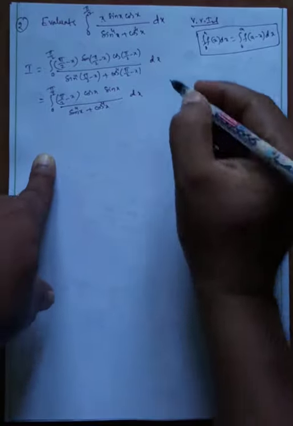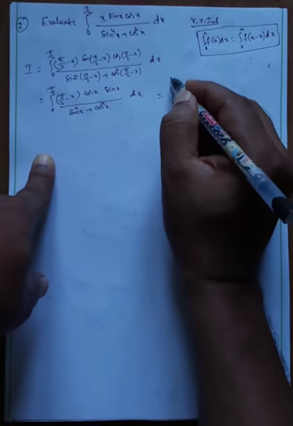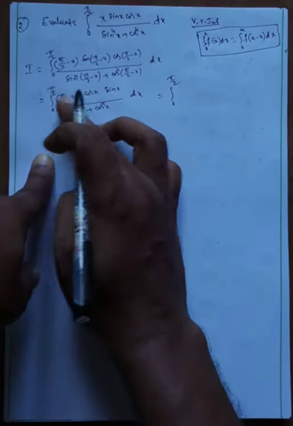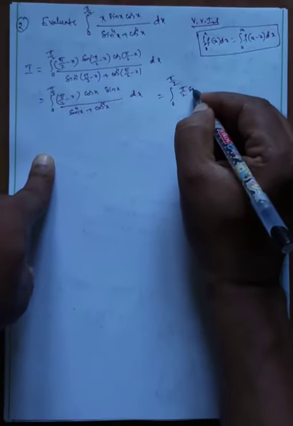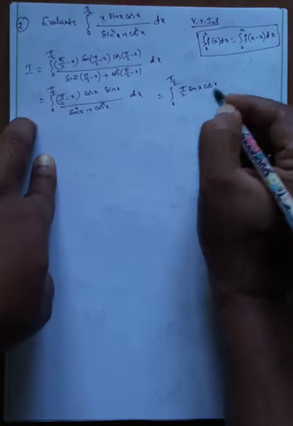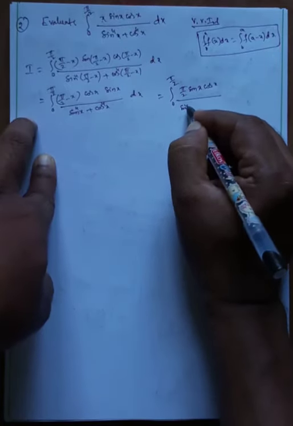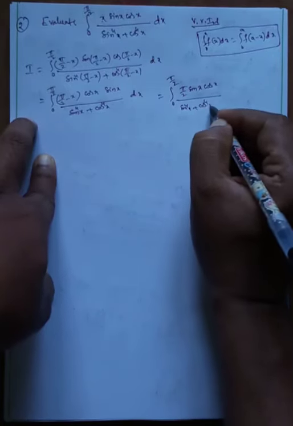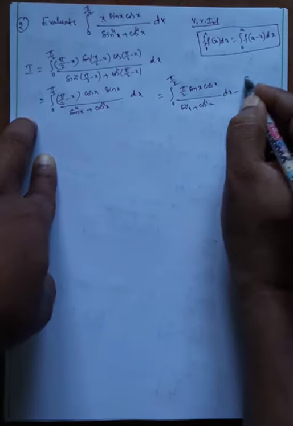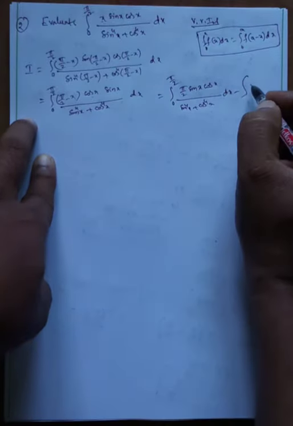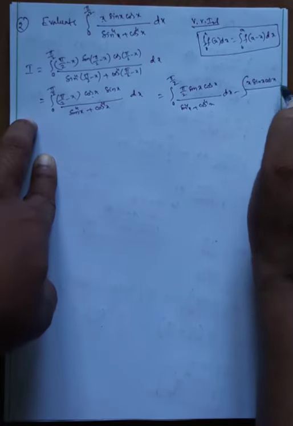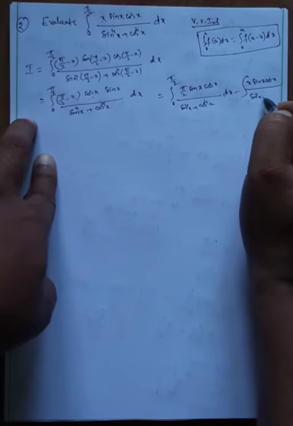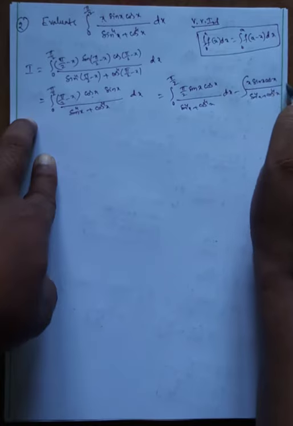Now the separation is going on, integral 0 to pi by 2: pi by 2 into sin x cos x by sin power 4x plus cos power 4x dx, minus x cos x sin x, meaning x sin x cos x by sin power 4x plus cos power 4x dx.